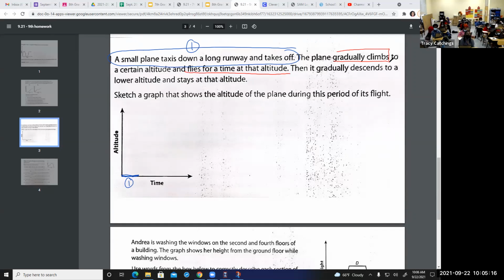So gradually climb. Up. A little slanted. All right, and they said flies at that same altitude for some time. Okay, go straight across for a little while.